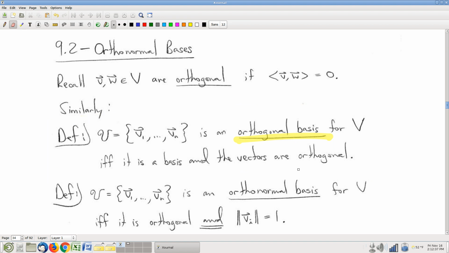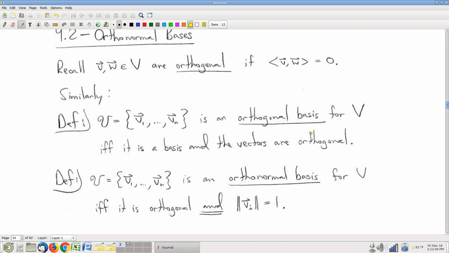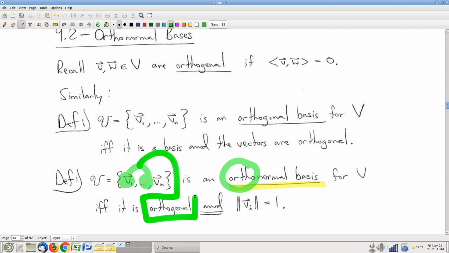Now, here is a related idea that we do have to talk about a little bit more, and that is called an orthonormal basis. An orthonormal basis means that pairwise, so the ortho part, if you will, means that these vectors are all orthogonal. But furthermore, we have the normal part. This says that all of the vectors in this basis have been normalized.